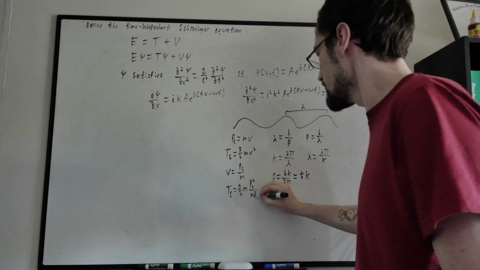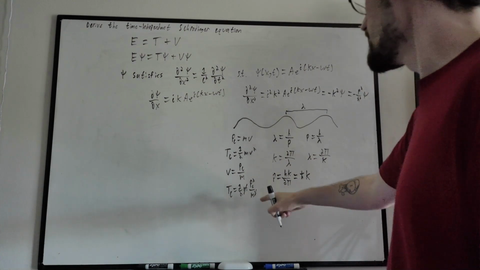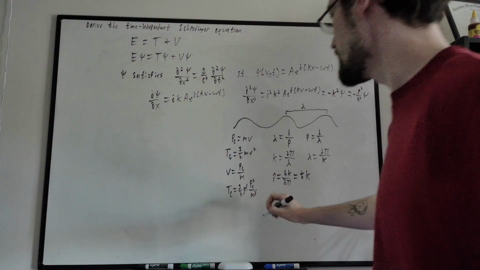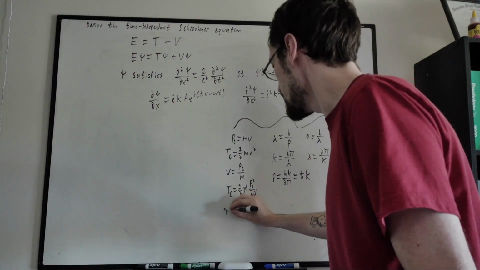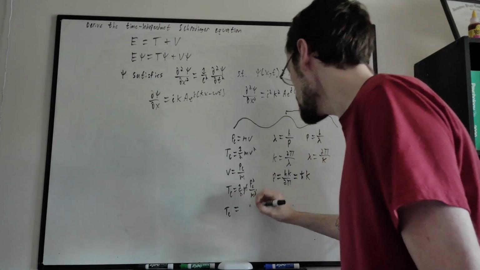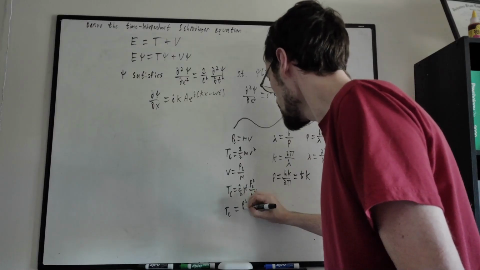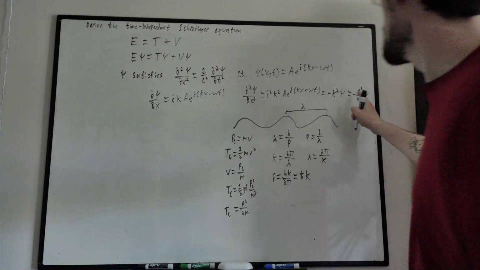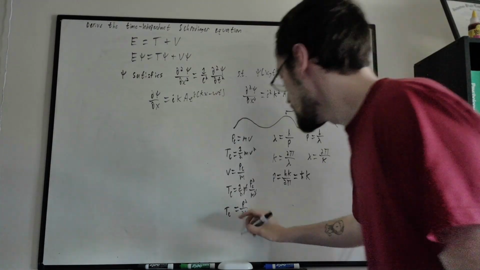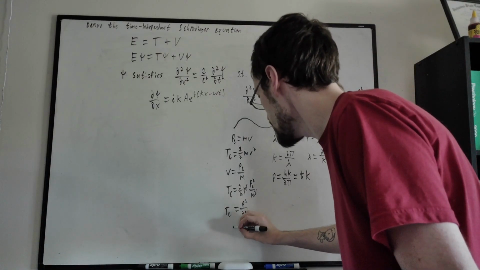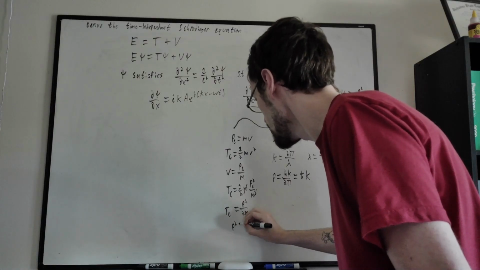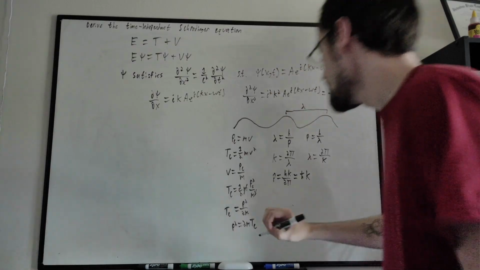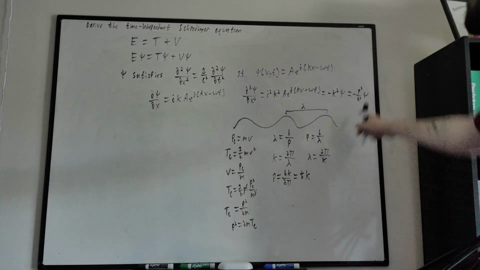And right here we cancel out the second power of mass with the numerator of mass to then get that the classical kinetic energy is equal to p squared over 2m. So in other words, we can now solve for p squared by solving this equation here for p squared. So p squared is equal to 2 times mass times T sub c. And now we can plug this in here.